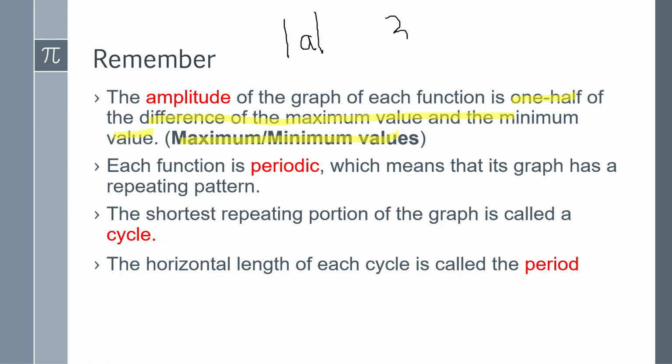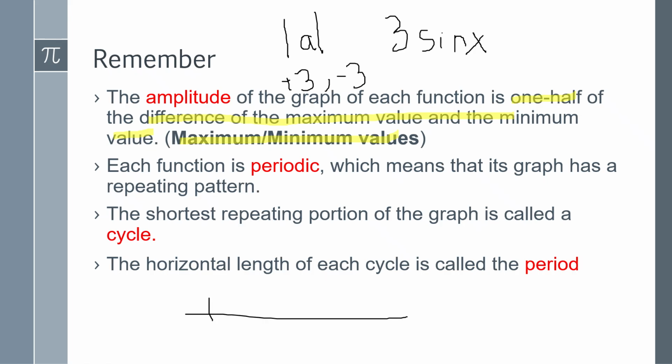Here's what they're talking about, like 3 sine x. What I mean by the difference of the maximum and minimum value: we know that the highest value of this function is going to be positive 3. Well, its minimum value is going to be negative 3. That's the lowest. If you take the difference of the maximum and minimum value, you go back to the number line.